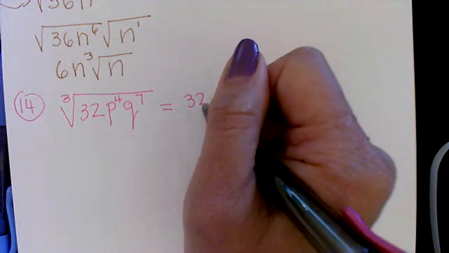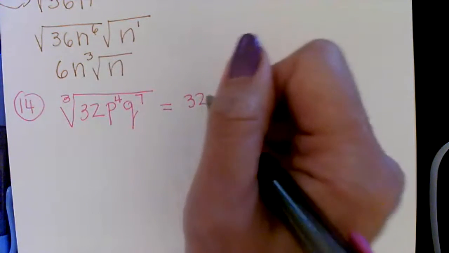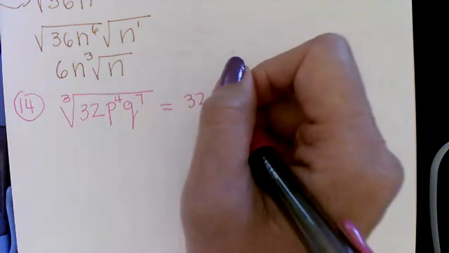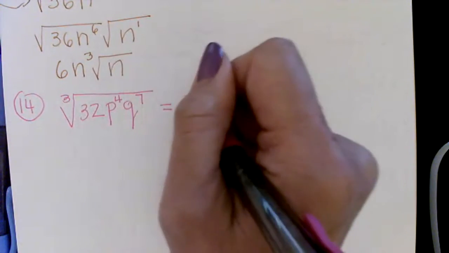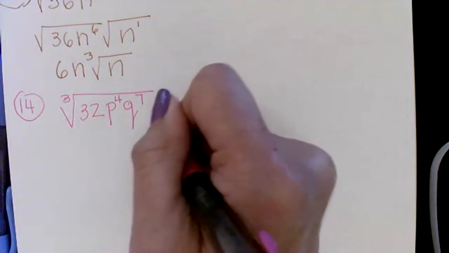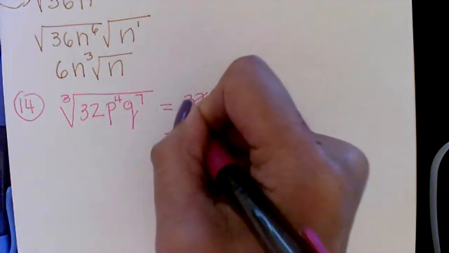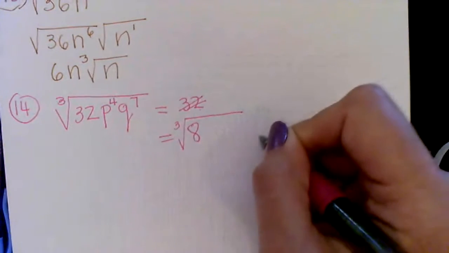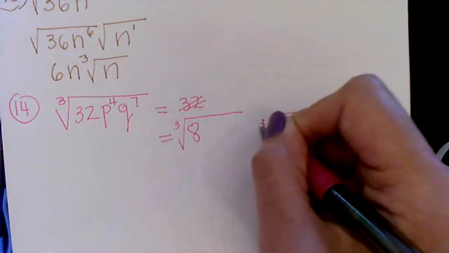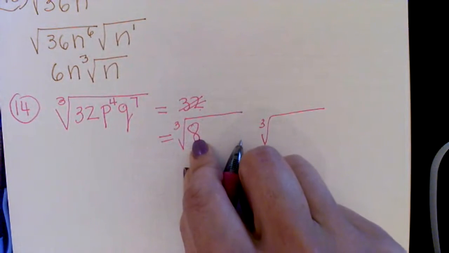Is 32, it has a 3rd power, a cubic root, a cube. Can I get that from 32? No. Can I get it from 8? Yes. So we're going to start. Whatever is left is going to go here. So 8 times what gives me 32? 8 times 4, right?